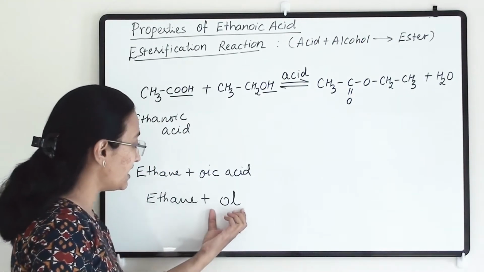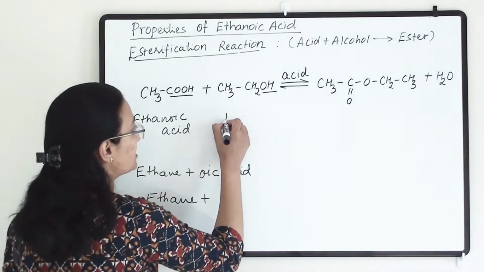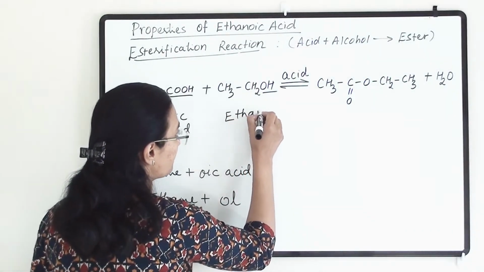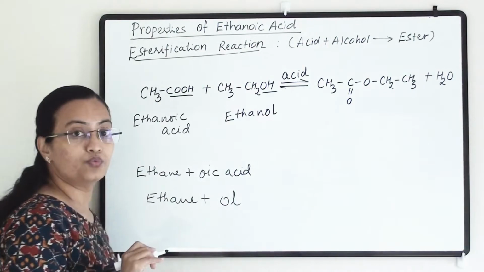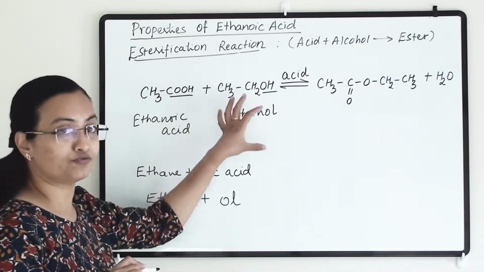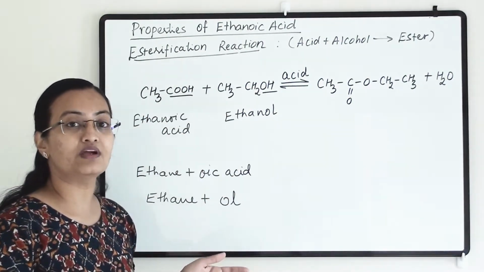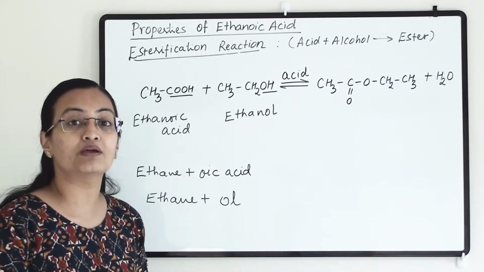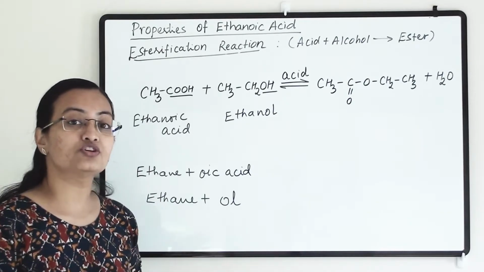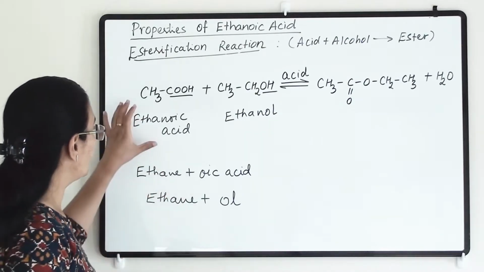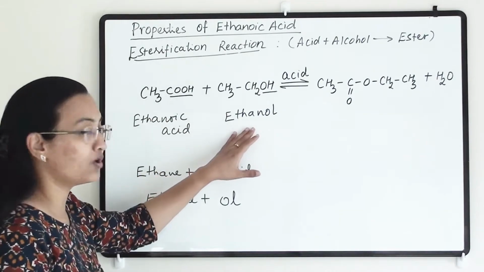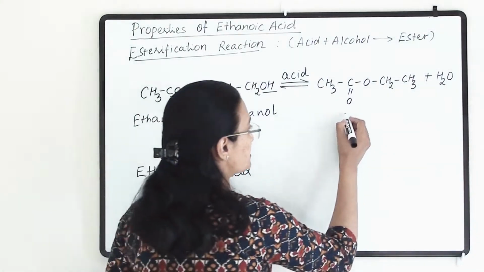So ethane and OL, this compound is ethanol. That is how we are going to write the nomenclature for this compound. If you have any doubt regarding the nomenclature, please refer to my video on nomenclature of organic compounds. Now when ethanoic acid and ethanol react, it will give us esters.